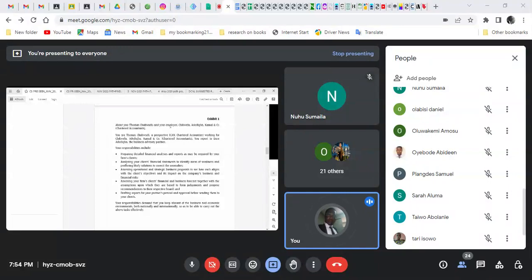Okay, exhibit one, about you, Thomas Chukwudi, and your employer, Chikwelu Adedigba, Kamal and Co., Chartered Accountant. You are Thomas Chukwudi, a prospective ICAN Chartered Accountant working for Chikwelu Adedigba, Kamal and Co., Chartered Accountant. You report to Dare Adedigba, the business advisory partner.